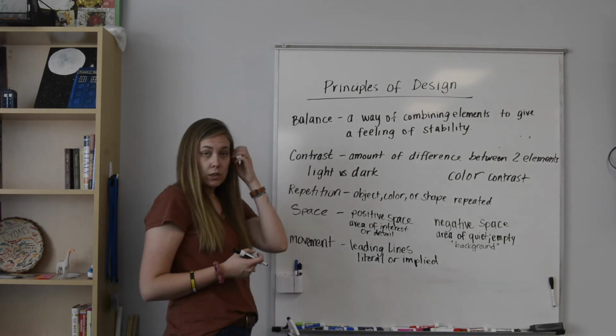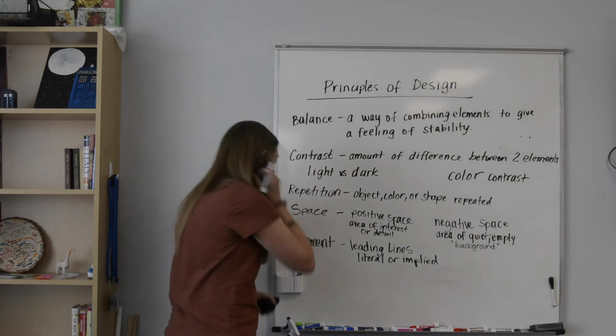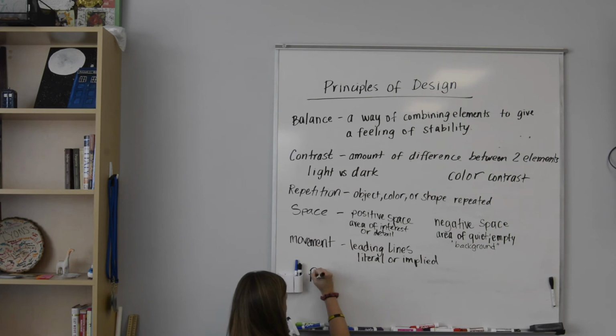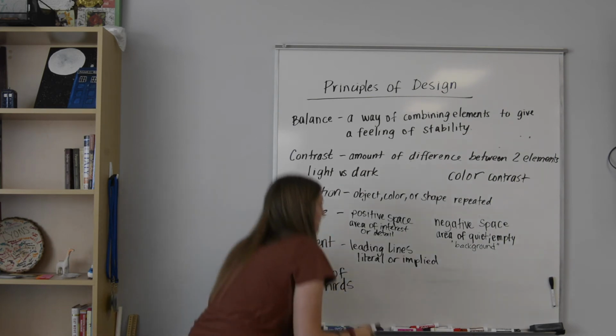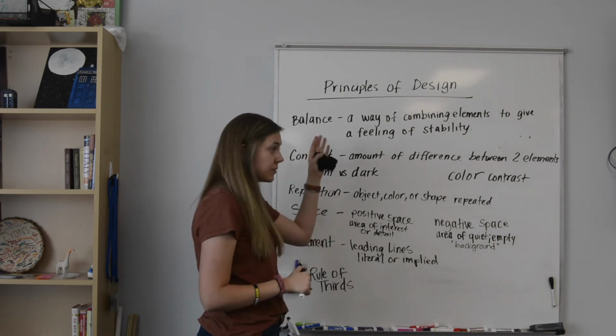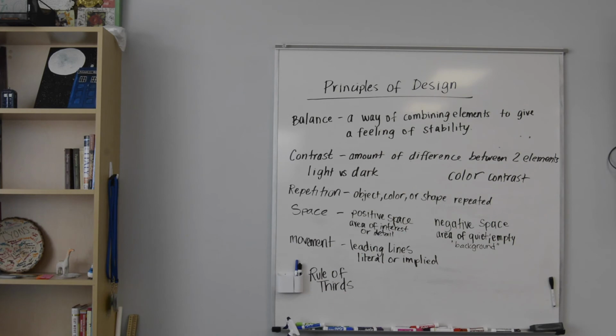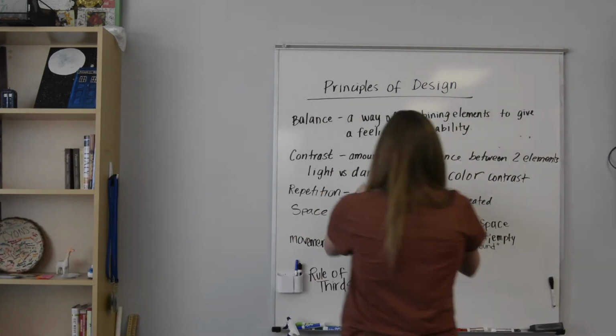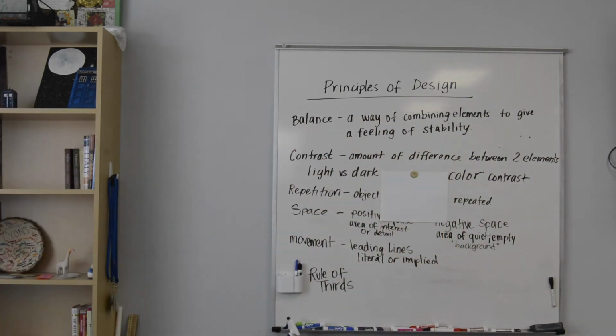Okay, the last one is called the rule of thirds. And I'm going to grab a piece of paper for a second to demonstrate since I'm running out of whiteboard. Okay, what pen is in my photograph? I'm going to grab a pen.